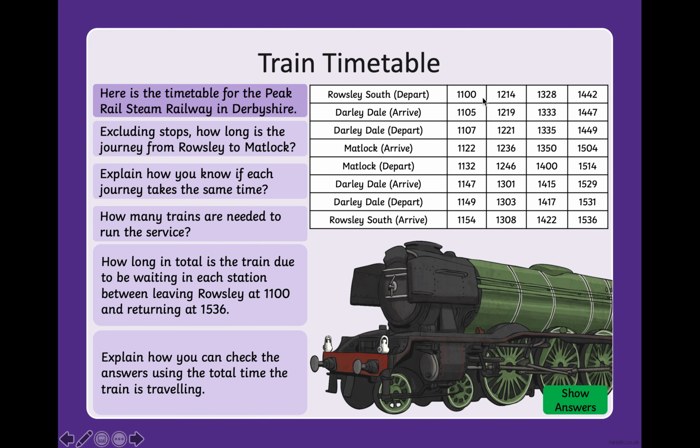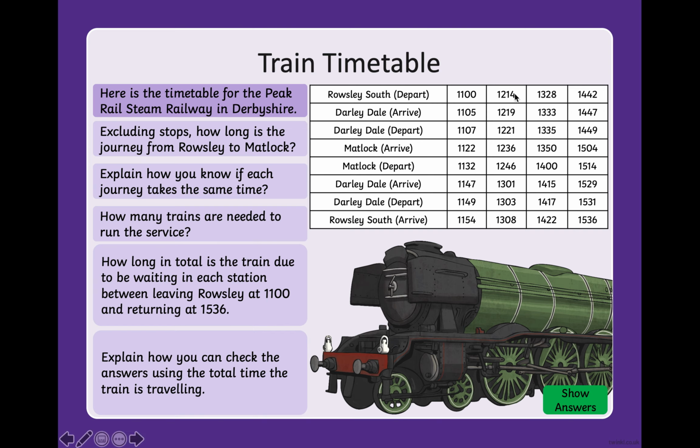But let's see between which two journeys. So this journey here, it took it 5. Okay, and then this one, it took it 20 minutes to reach Matlock. So basically the journey, it depends on what you call the journey, it took it 20 minutes.